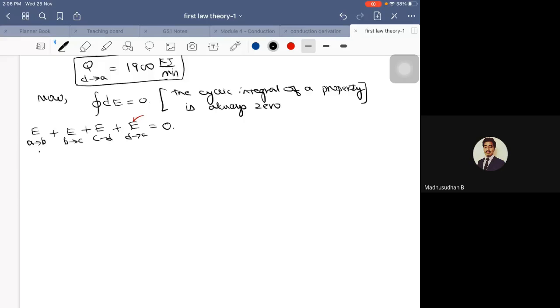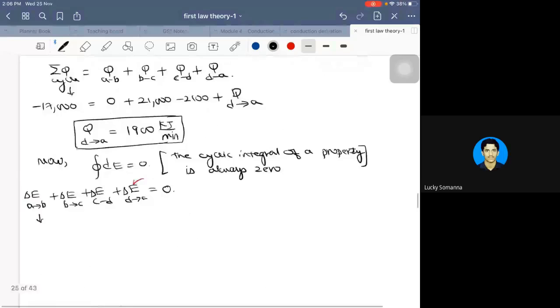What is this delta E? Give me the values. Minus 2170. And this delta E B to C, plus 21,000.